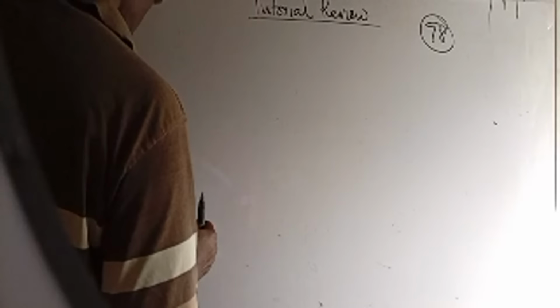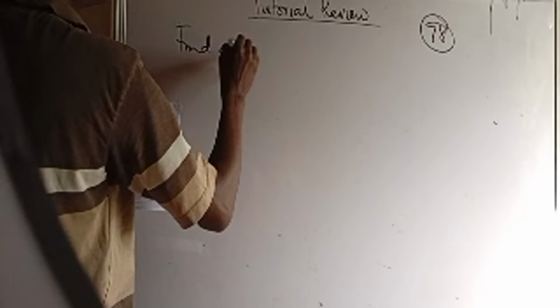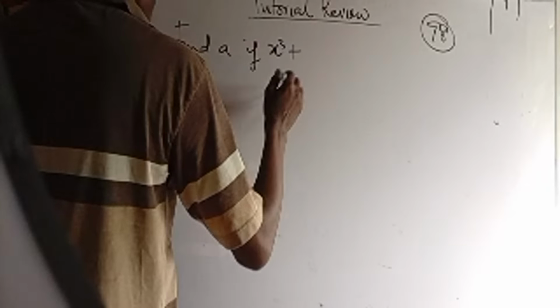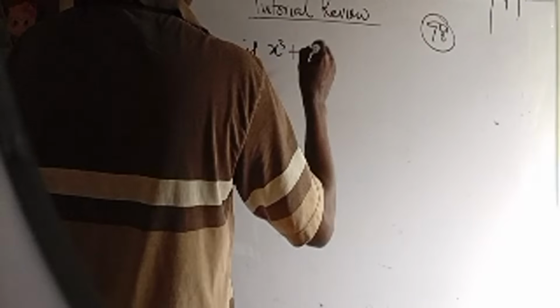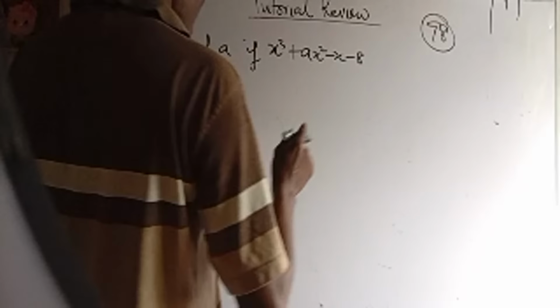Now, this is another interesting polynomial question which was treated in our class. Let's say find a if x cubed plus ax squared minus x minus 8 is divisible by x minus 1.